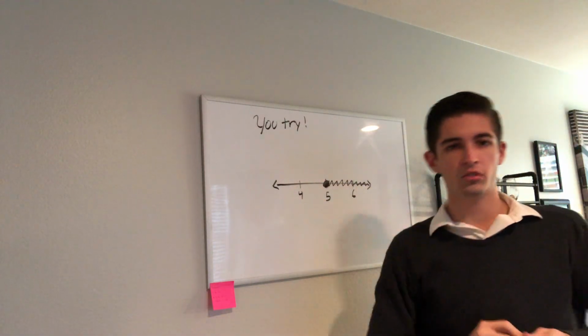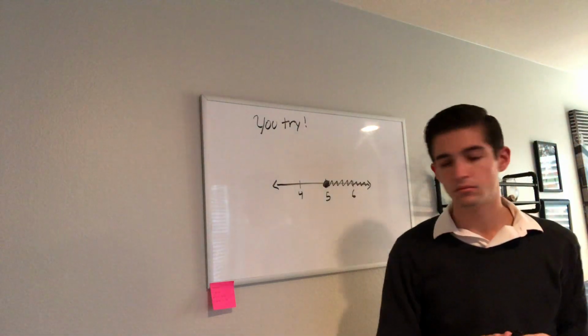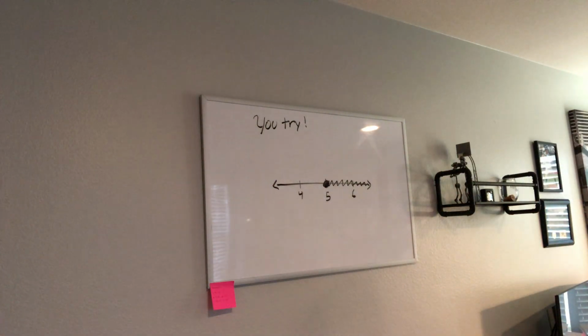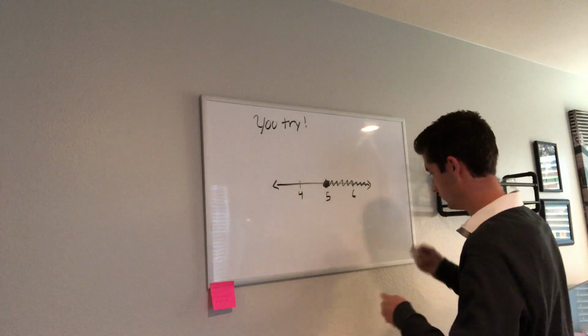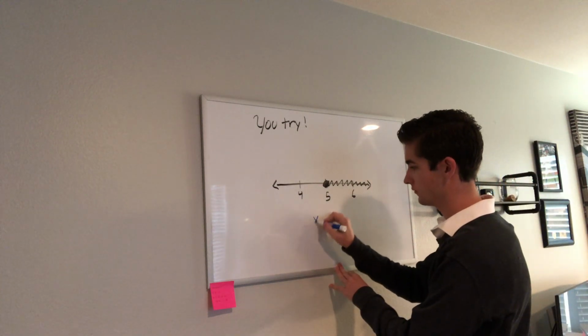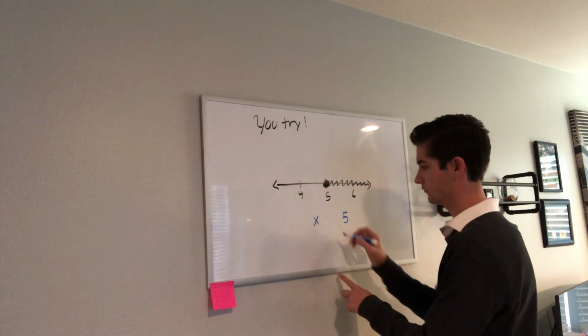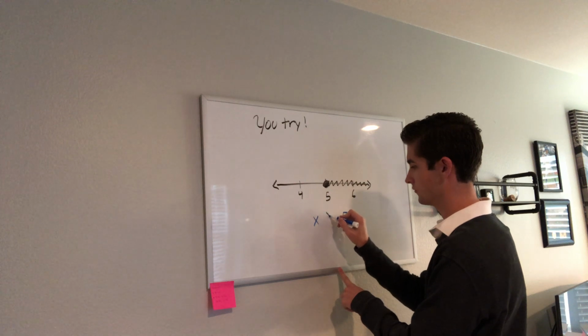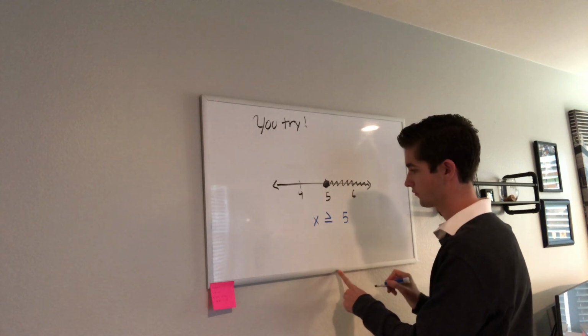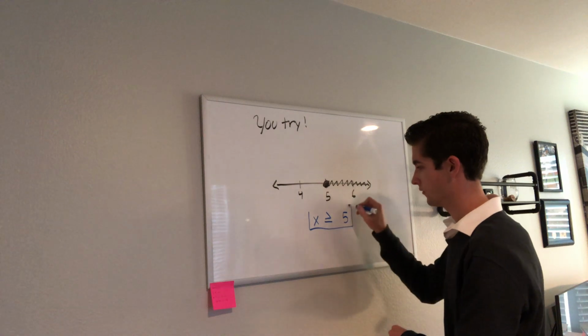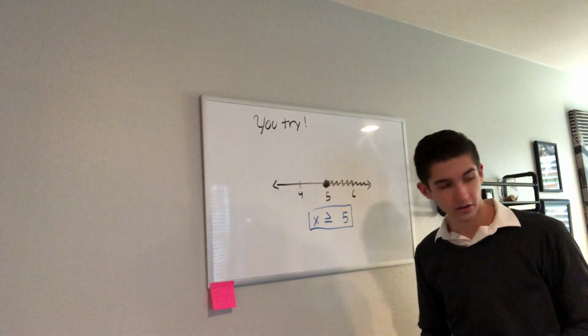So I'll give you guys a minute to try to work on that, and let's see how you do. You guys are done, you can check your answer on the board.